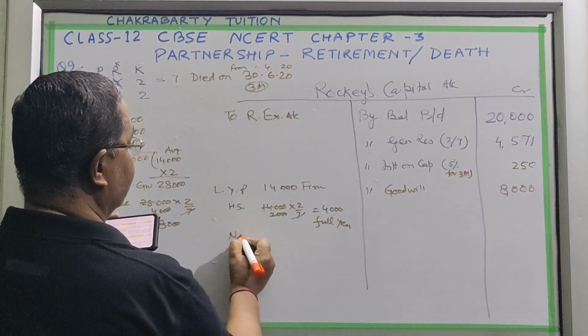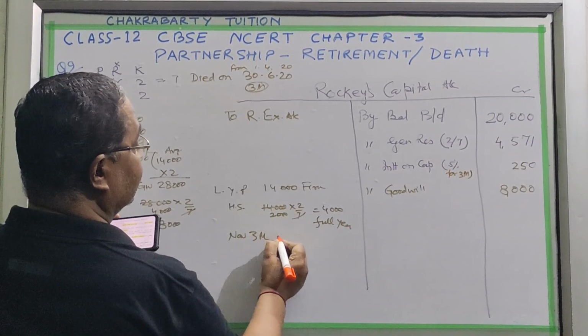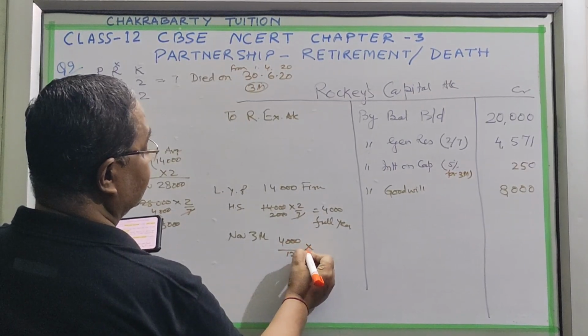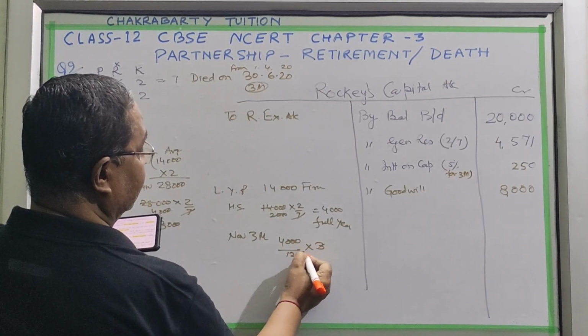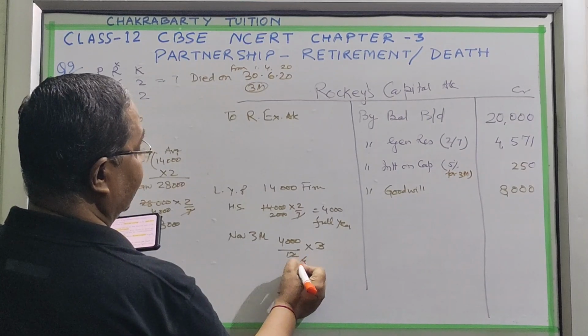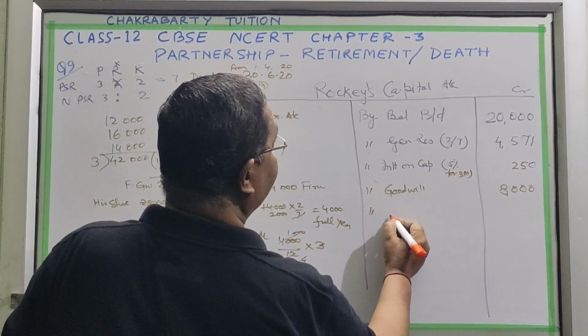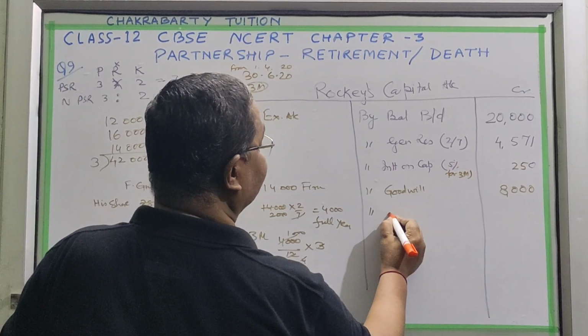Now for 3 months, it will be 4,000 divided by 12 into 3, so he will get a profit share equal to 1,000.